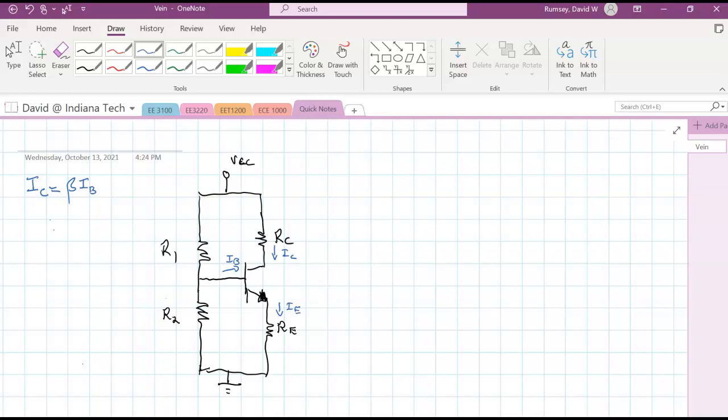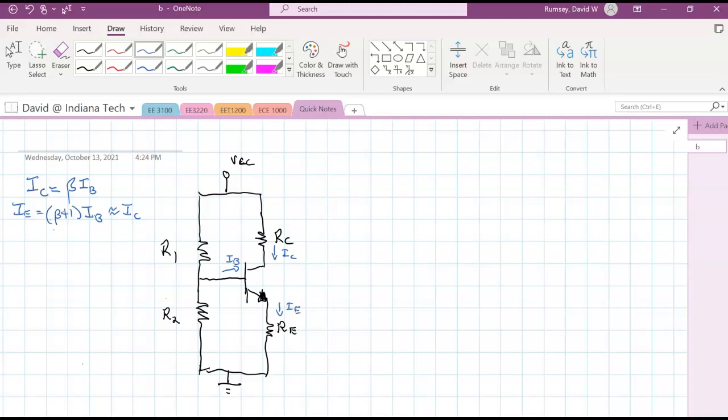Technically, IE is equal to beta plus 1 times IB, but we often say that this is approximately IC. Especially for design purposes, we will often use that.